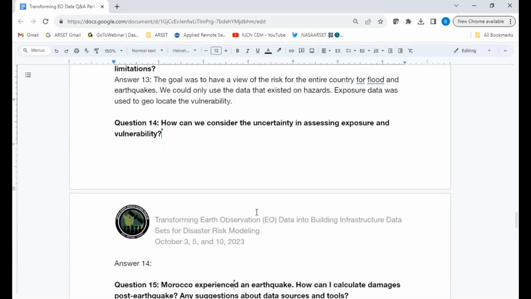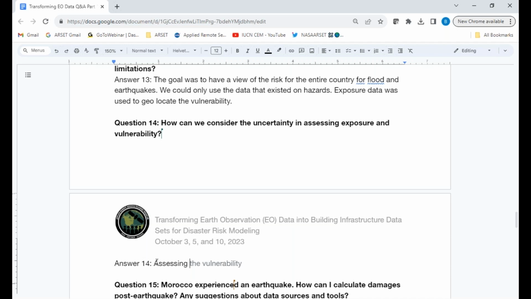Question 14. How can we consider the uncertainty in assessing exposure and vulnerability? It's kind of a broad question, but maybe just comment a little on uncertainty in general when it comes to these terms. I think assessing the uncertainty of vulnerability is outside the context of what we're discussing here. There's a whole science behind that.